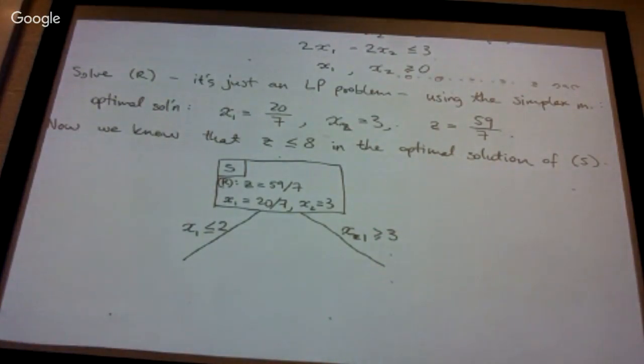Now you've captured all the possible solutions because x1 can't be anything between 2 and 3. It has to be an integer number. So if it's more than 2, then it's at least 3. Okay? It can't be anything else.